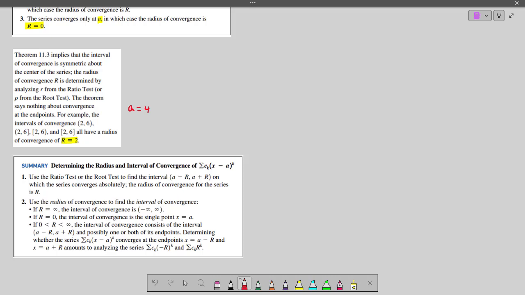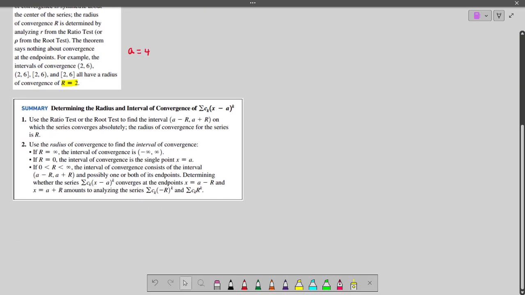But then all these things are possible. This one has a radius of convergence of 2, but it diverges at both endpoints. This has a radius of convergence of 2, but it diverges at one endpoint and converges at the other, and vice versa there, and then here it converges at both endpoints. So those are 4 options for the interval of convergence for the same center and the same radius. We have to figure out which one's the right one.